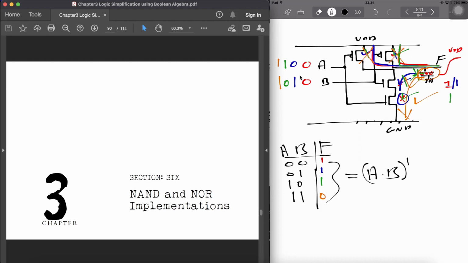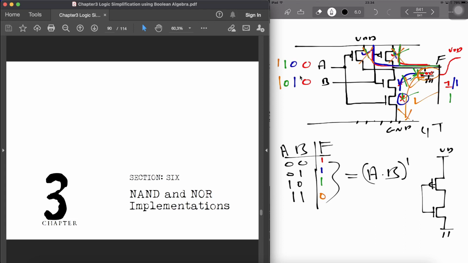Okay. Now, as you can see at the transistor level, when we implement a NAND gate, we are using 4 transistors. If you want to implement an AND gate, you have to add an inverter to the output. So this is ground, this is VDD.